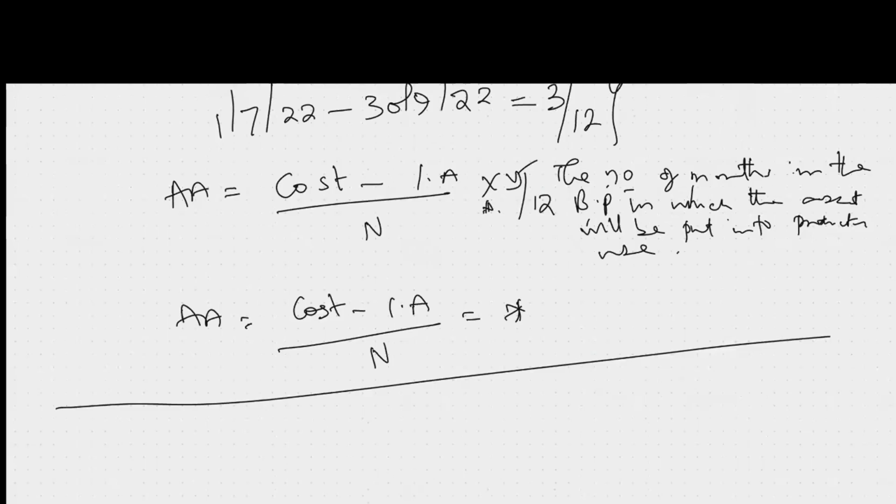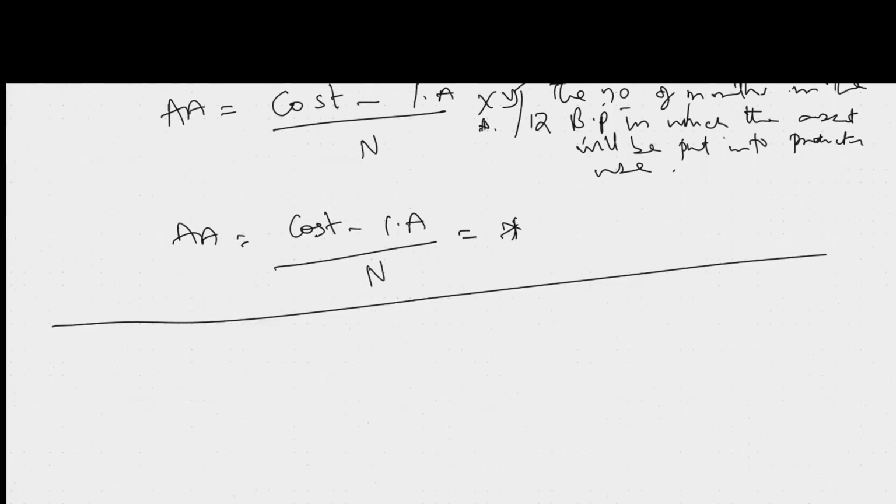So let's go. Before we calculate the annual allowance, we need to calculate our initial allowance. So that will be cost multiplied by initial allowance rates.